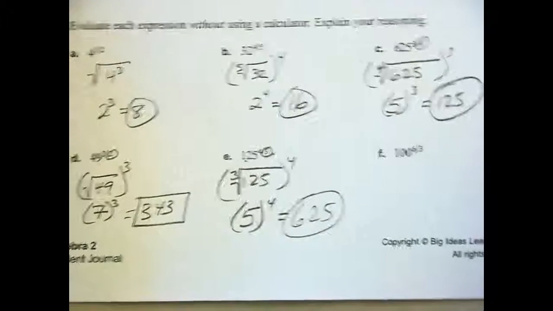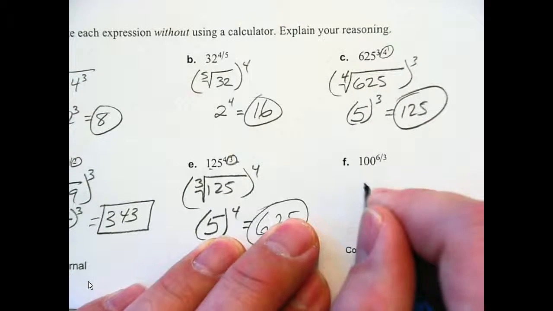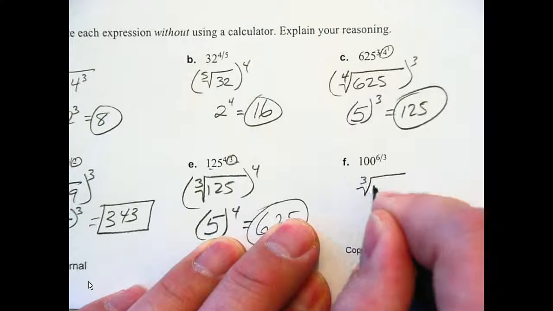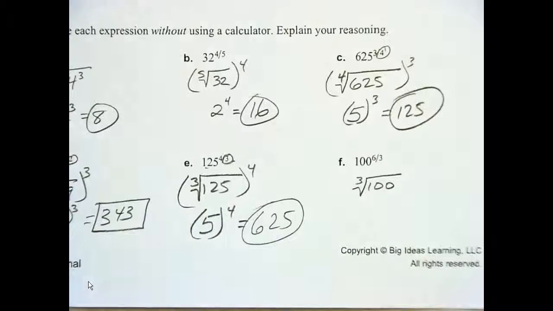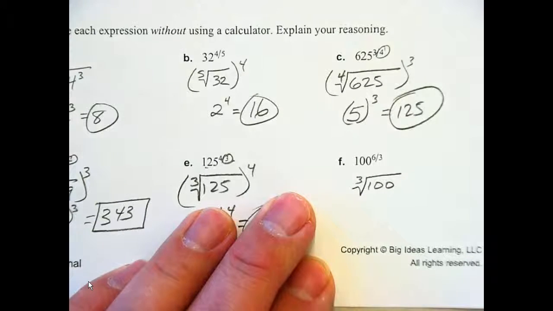Okay, tell your neighbor what you got for letter F. If you haven't done it, get it done. Okay, so if you try this the way we were doing them, is the cubed root of 100 an easy one to do in your head? How about 100 to the 6th power? Go ahead, Kai.